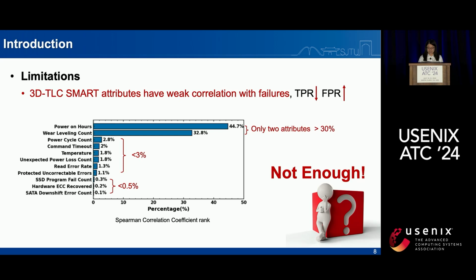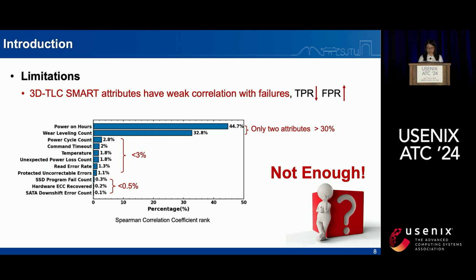As shown in this figure, we show the top 11 attributes' correlation coefficients. We found that only 2 attributes have more than 70% coefficient rank, which are the power on hours and the wear leveling count. The others are less than 3% or even less than 0.5%. Thus, we can see that the answer is no. The SMART attributes are not enough.